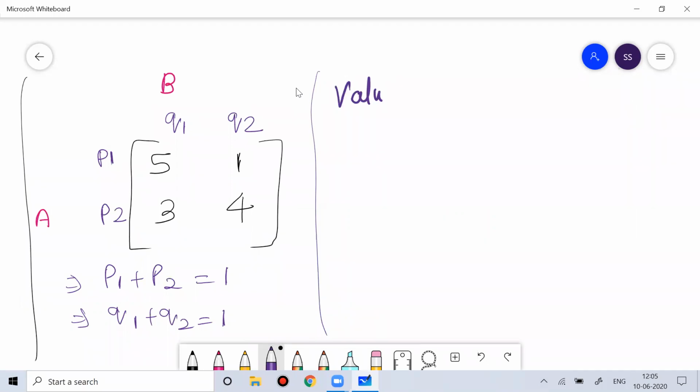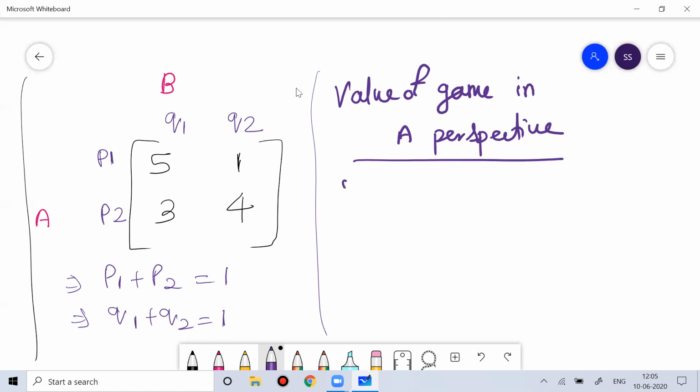If you talk about the value of the game from A's perspective, it can be in the form of 5P1 plus 3P2. That can be one way A can see this problem.